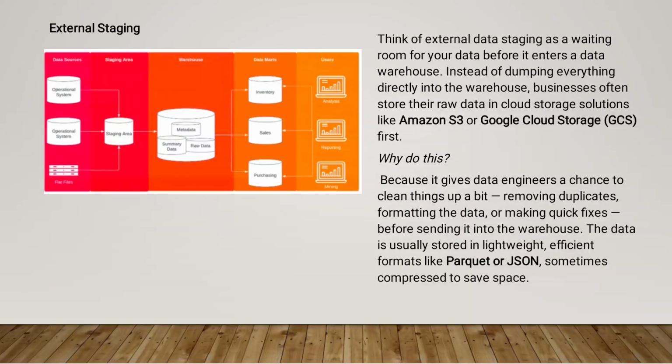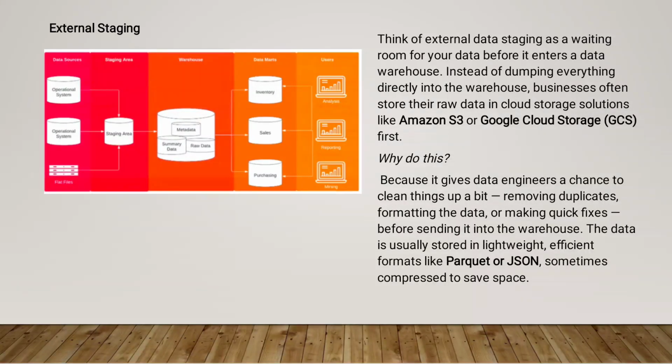Think of external staging as a waiting room for your data before it enters a data warehouse. Instead of dumping everything directly into the warehouse, businesses often store their raw data in cloud storage solutions like Amazon S3 or Google Cloud Storage first. Why do this?